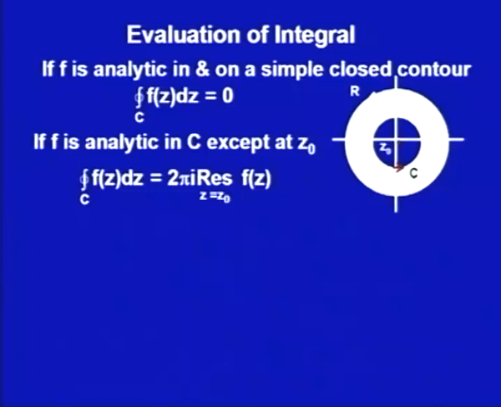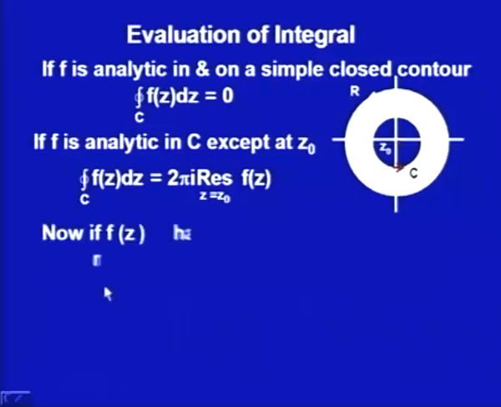Now, rather than having only a single isolated singularity, if my function is such that in the interior of the closed contour C, I have more than one isolated singularity, then what will happen?